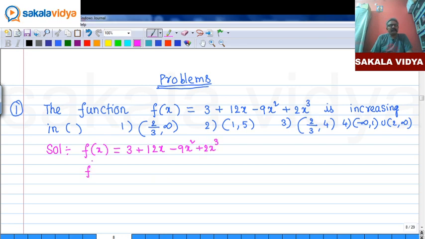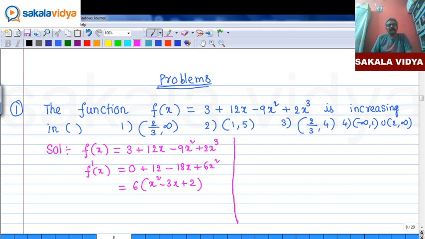Let us find f dash x. 0, 12x differentiation 12, minus x square differentiation 2x into 9 minus 18x, x cube differentiation 3x square into 2, that will be 6x square. We have 6 common, this is x square minus 3x plus 2.